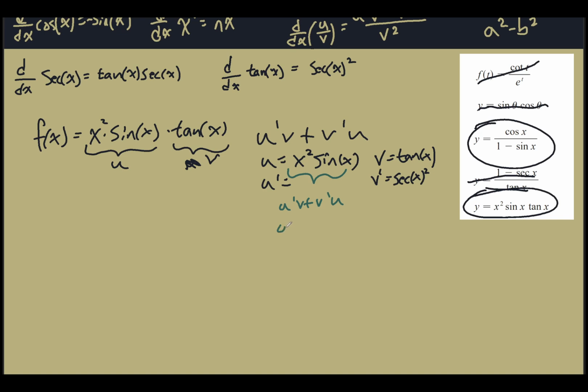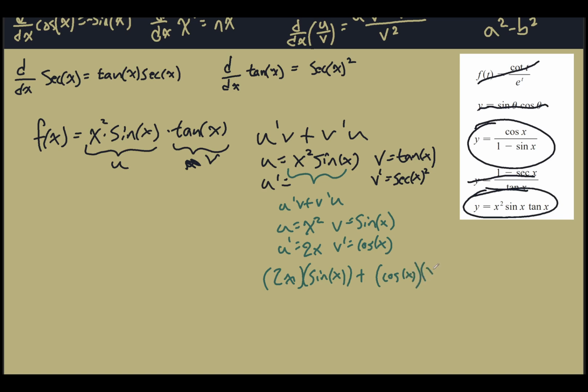And we'll make a new u, which is x squared. We'll make a new v, which is sine of x. We'll make a u prime, which is 2x, and a v prime, which is cosine of x. So u prime v will be 2x sine of x plus v prime cosine of x times x squared.